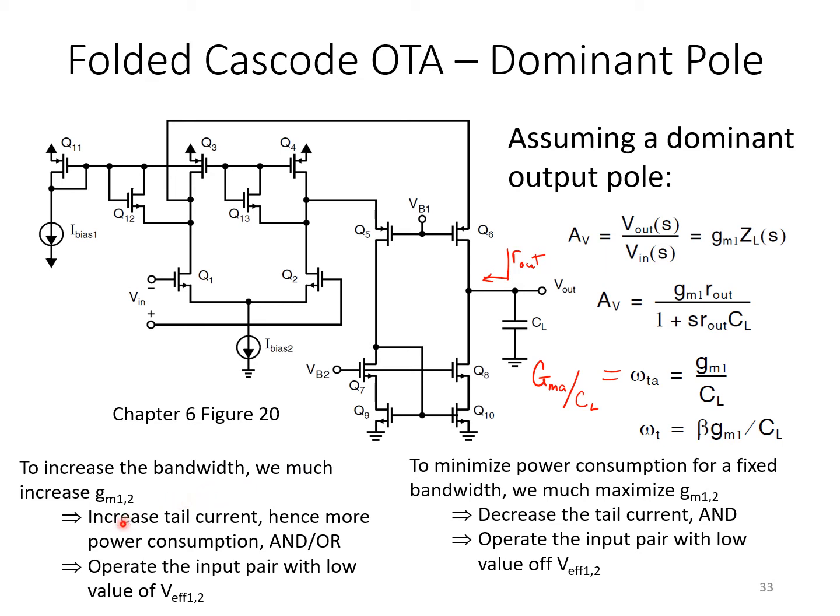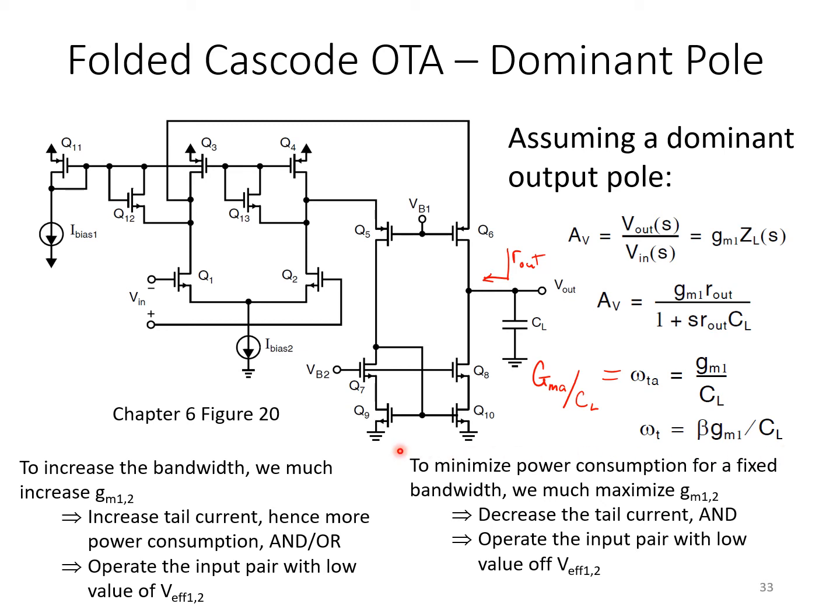In order to do that, we would have to increase the tail current here, Ibias2, which sets the bias current through Q1 and Q2. And/or we would size, that is, select the W/L ratio of Q1 and Q2 in such a way that the input pair is operated with a low value of Veffective. Again, for a given drain current, that's going to maximize the small signal transconductance in those transistors, and hence the unity gain frequency and the closed loop bandwidth.